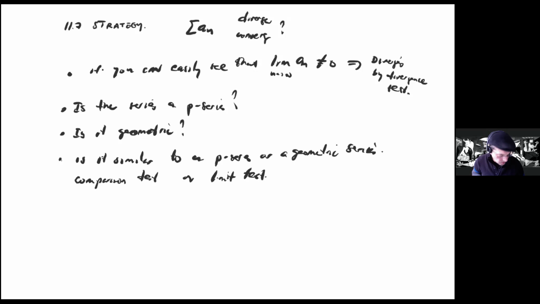There's no guarantee it will be useful, but one can always try. Okay, so then the next thing: is it alternating? Then maybe the alternating series test will work.